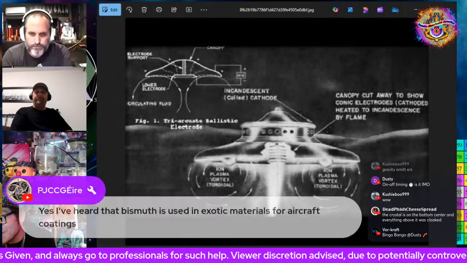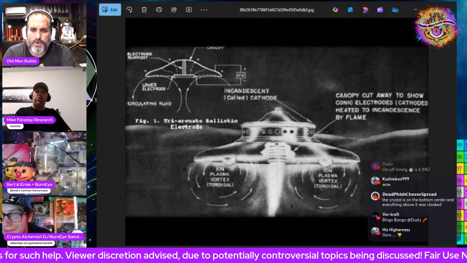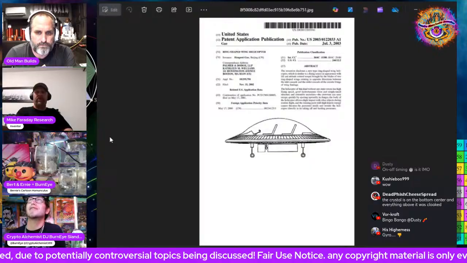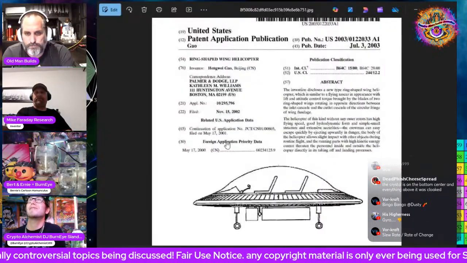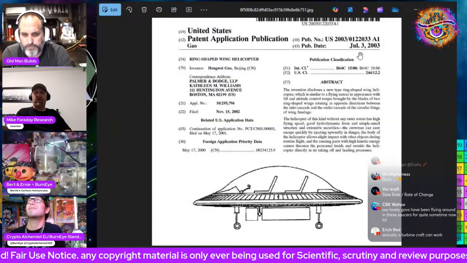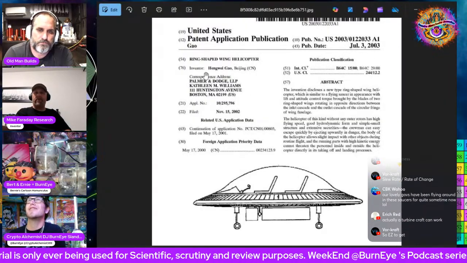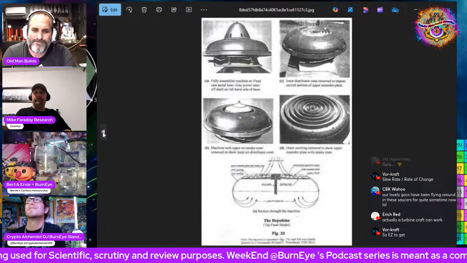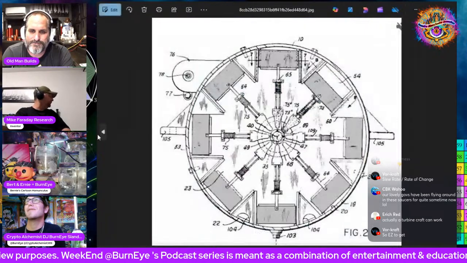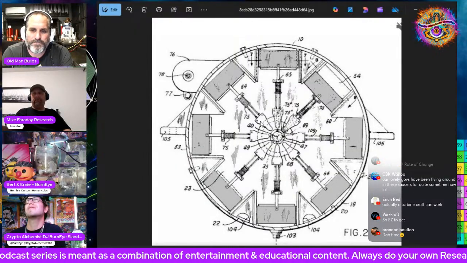Why were they so obsessed, and still to this day? With what, the rocket? Well, no, the whole disc-shaped propulsion, right? Here, another one. Ring-shaped wing helicopter. Supposedly these things were unstable, but here we have 2003. They're still working on it. Oh, but out of China again. All the disc-shaped, right? What's going on?